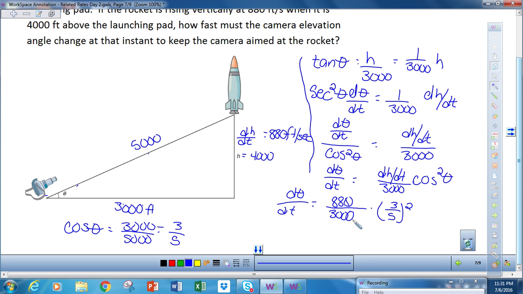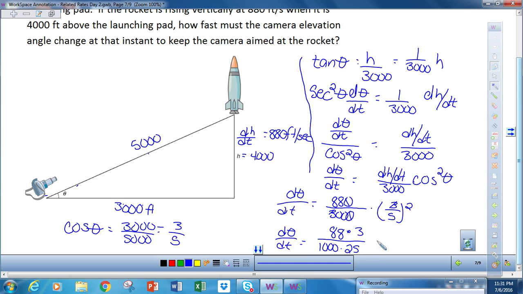This 0 and this 0 will cancel each other out. This 3 and this 3 will cancel each other out. So I think what I'm going to be left with is 880 times 3/1,000 times 25. And I'm sure you can tell me what that value is. And this is d theta dt.